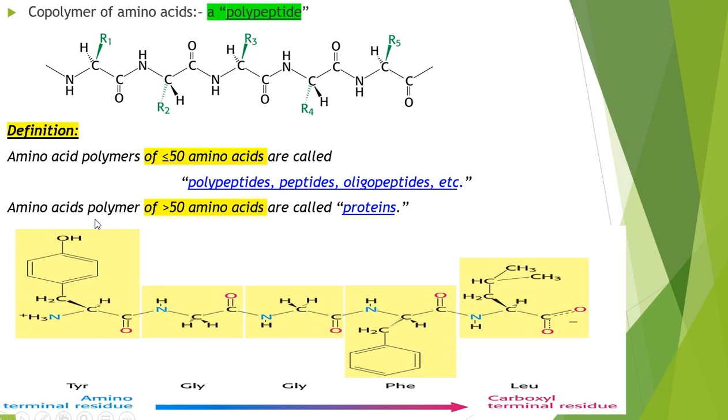If the polymer is of above 50 amino acids, then we call it a protein. So that's simple. More than 50 amino acids in a polymer, we call it a protein. Less than or equal to 50 amino acids, we call them polypeptides or peptides. So that's all about the topic of amino acids. Thank you.